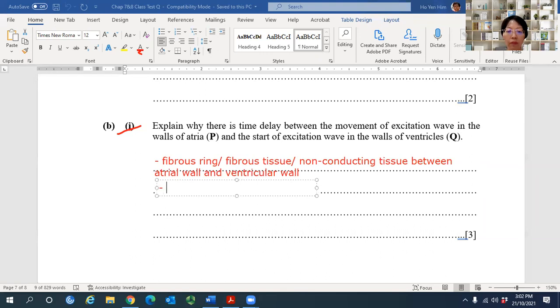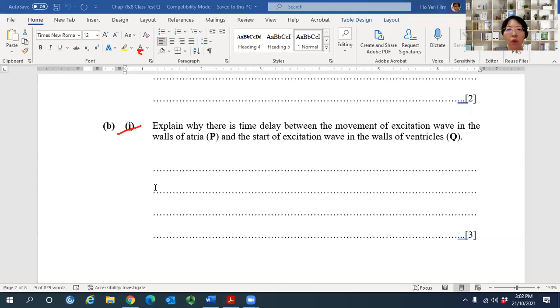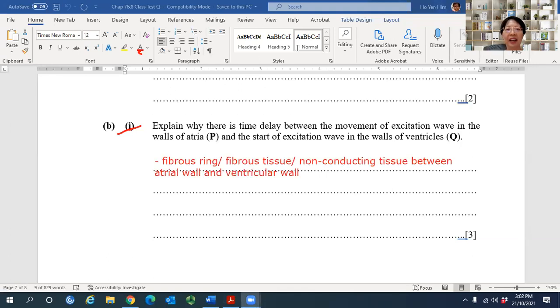Okay, so the excitation wave will be delayed for 0.1 second at the AVN. So what else can you write to score?